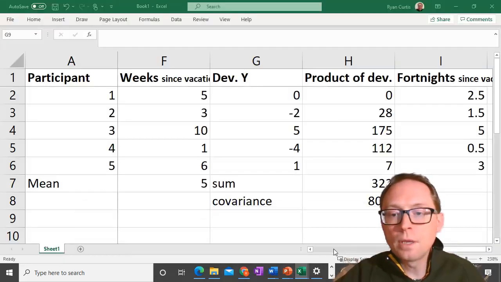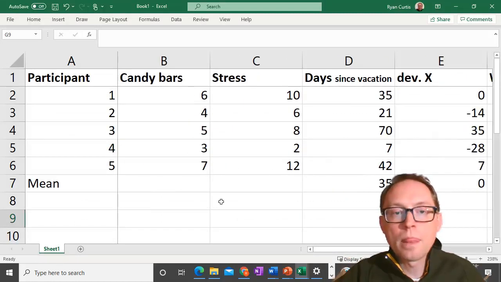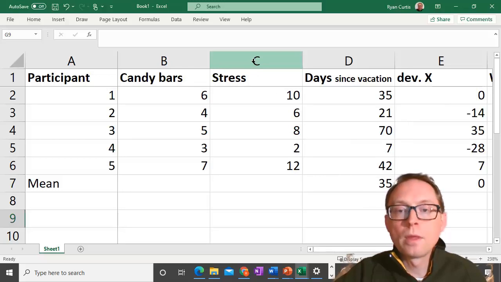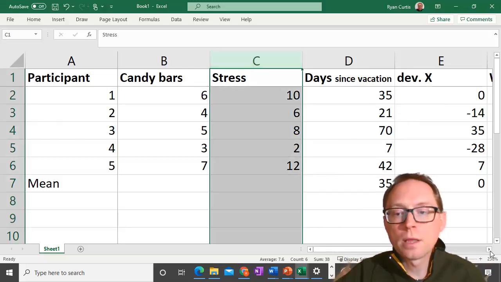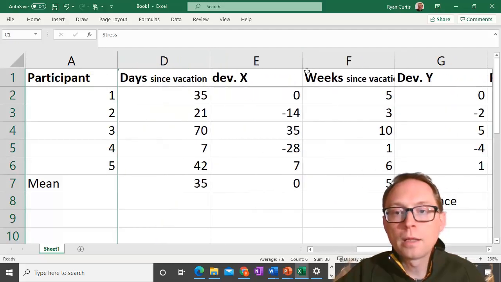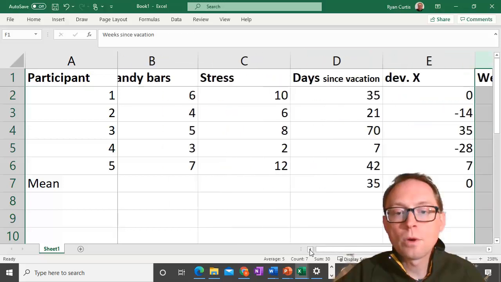Here is the same data that we were looking at. I have some other variables that I didn't show you before. I want you to take the covariance between this variable, stress, and this variable, weeks. Go ahead and calculate that now.